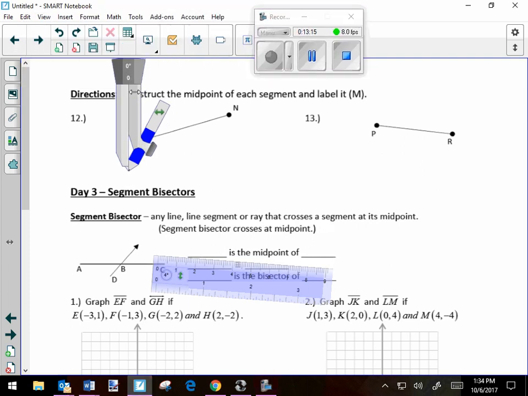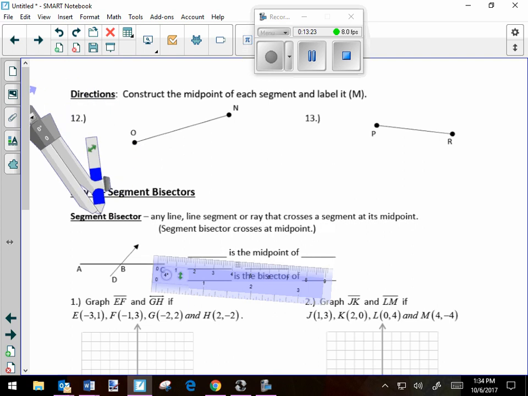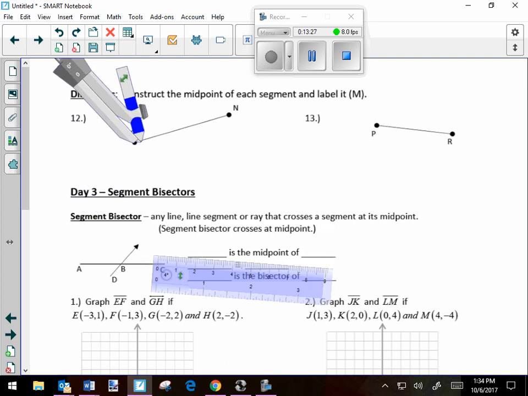So I'm going to move it over so that the point of the compass is on one endpoint. I am going to open my compass.